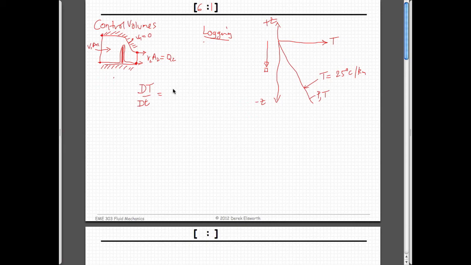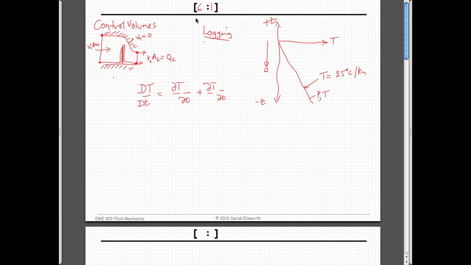The substantial derivative we could write as the change in temperature with time plus the change in temperature as a function of the coordinates of our 4D world. The 4D world is 3 coordinates and time: x, y, z, and time.